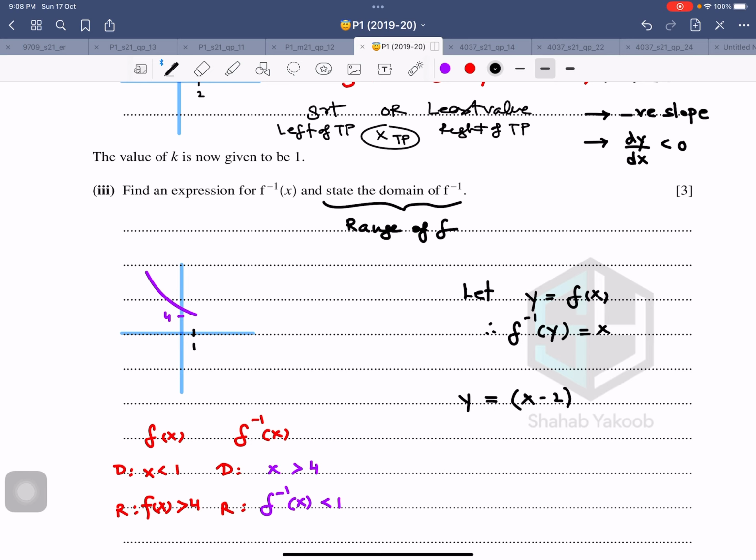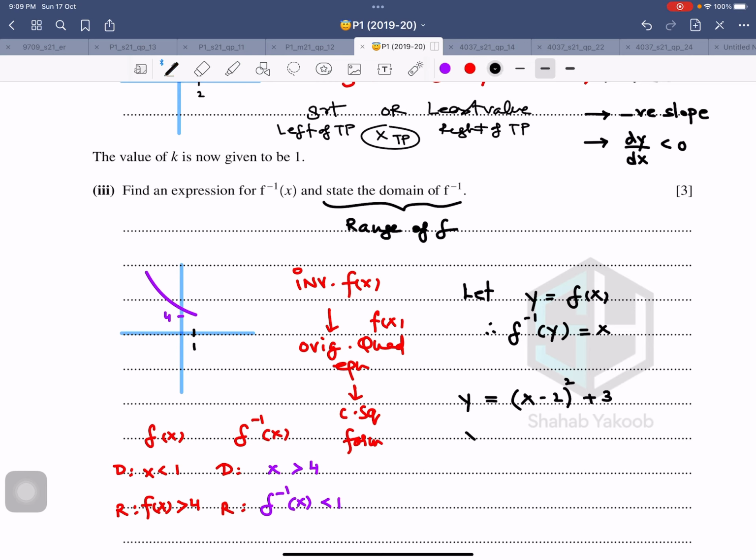I hope everyone remembers that whenever we have to find the inverse function, for the expression for inverse function, make sure the original quadratic equation, the original function, is in the completed square form. Otherwise, how will you make x the subject of the equation?